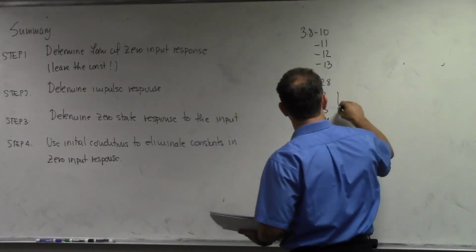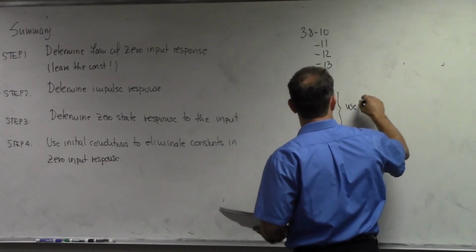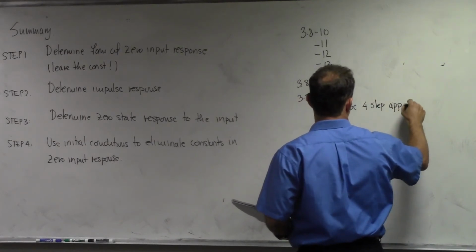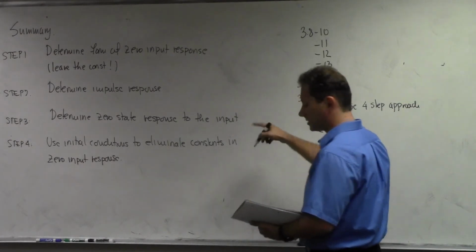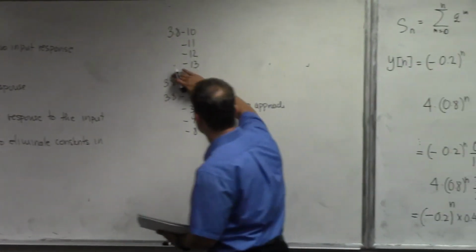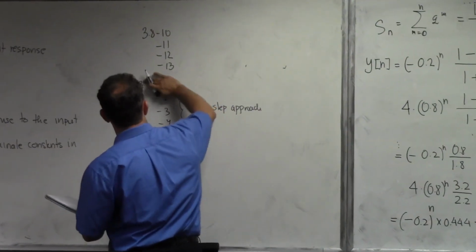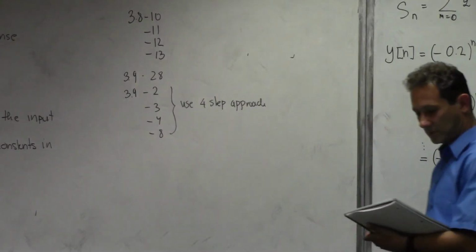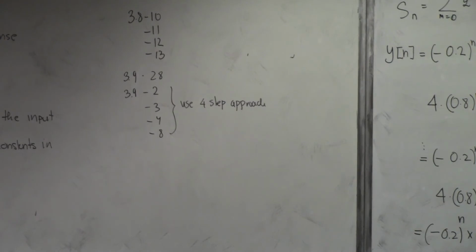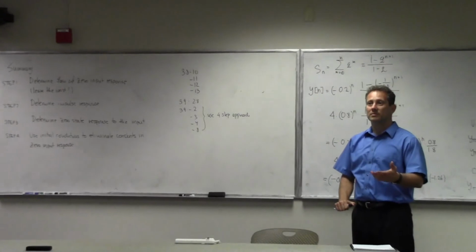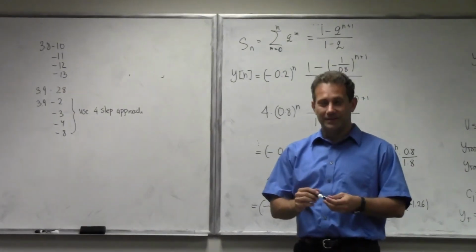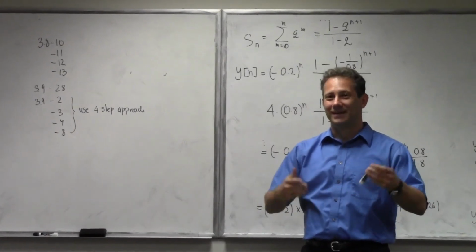So these four use the four-step approach. Oh, 3.9, sorry. Somewhere there's a 3.9. And then whatever you encounter as a problem, just bring it next time and let's go through that. I don't guarantee that I'll solve it, but I'll give it a try.